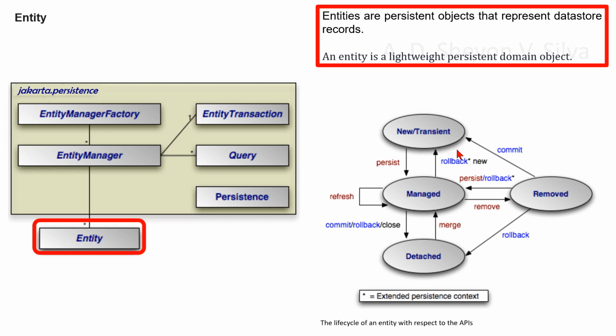Entity instances are created by means of the new operation. An entity instance, when first created by new, is not yet persistent. An instance becomes persistent by means of the entity manager API.